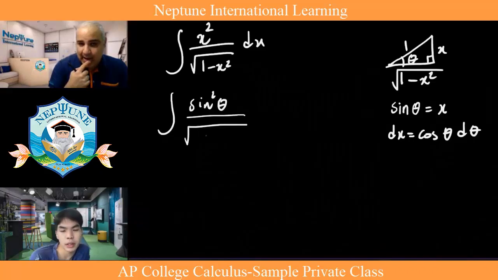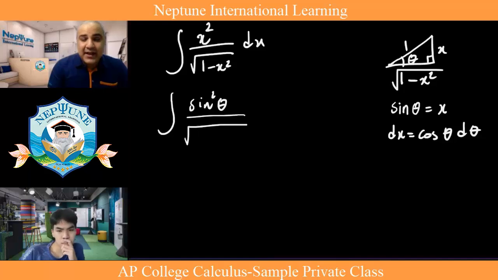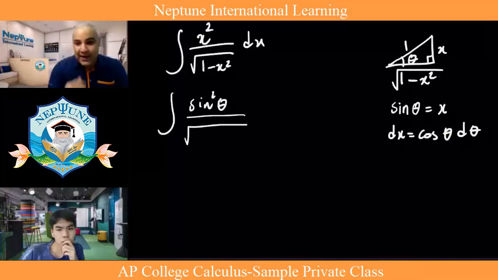And then opposite, it's x. So is it tan then? No, because it's only x, right? If it was x over that, then you can say all of it is just tan. But it's x squared over that.